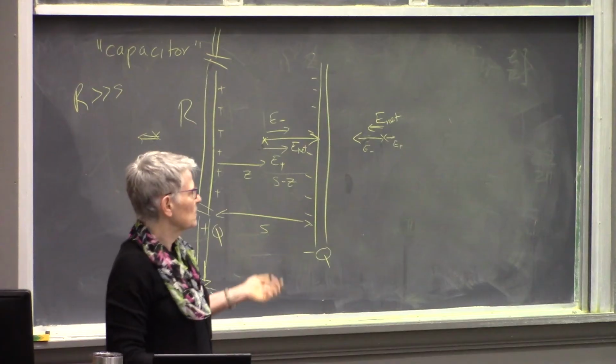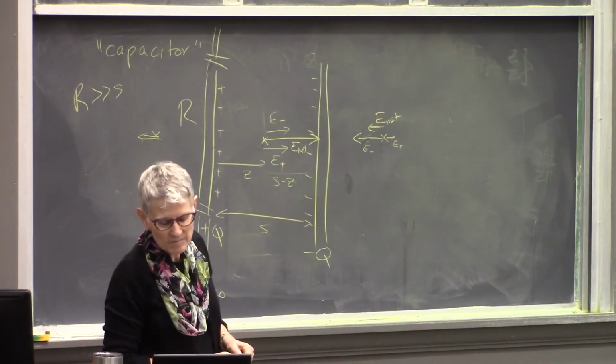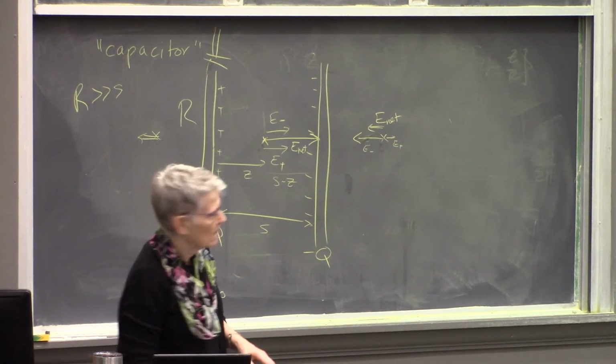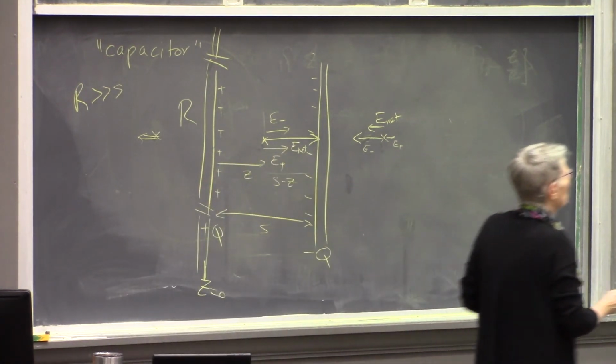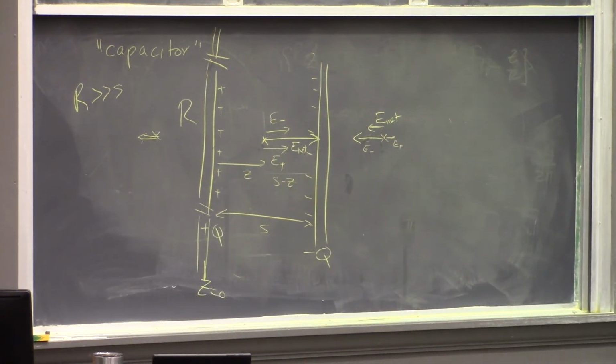well, actually, if we just simplify this, it comes out to Q over A over 2 epsilon 0. We just do the algebra here.